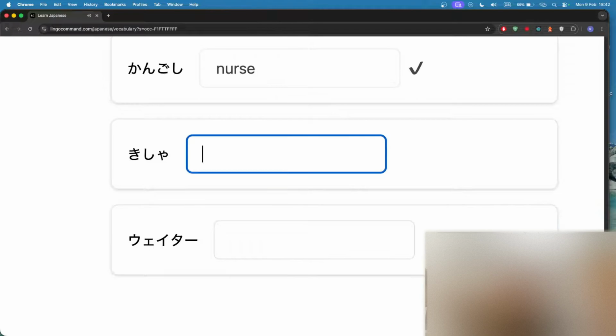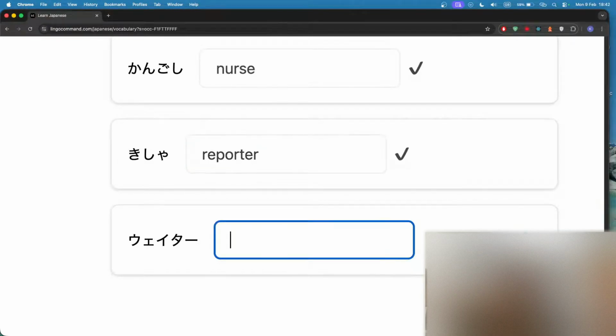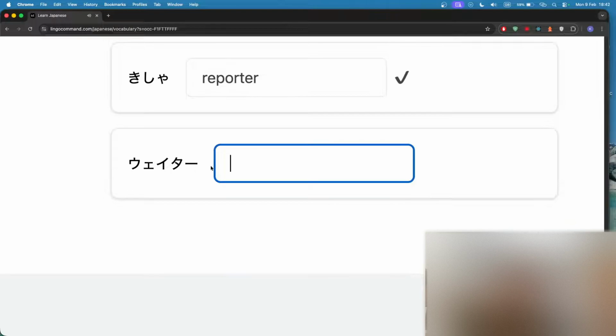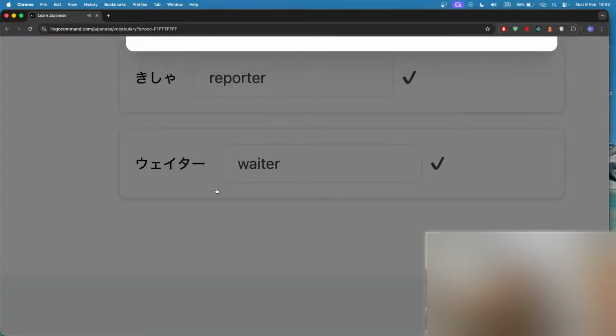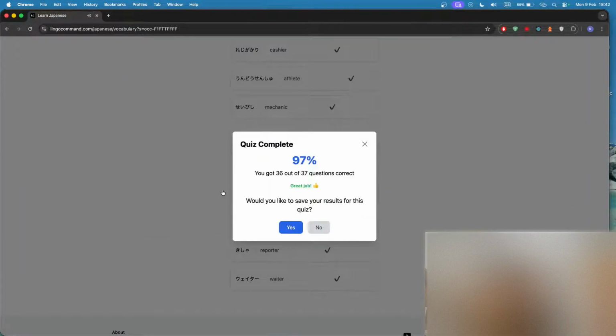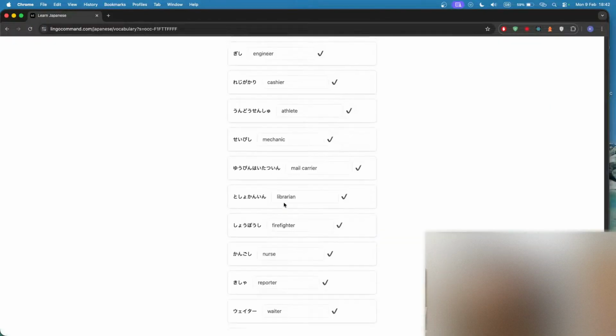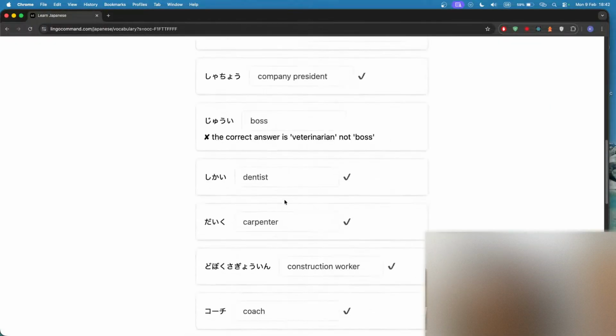That then leaves us with Kisha, that's a reporter. And this is Ueta, which is like a waiter. You know, someone at a restaurant that brings out the food. So that's 97%. Let's take a look at the one that we got wrong.